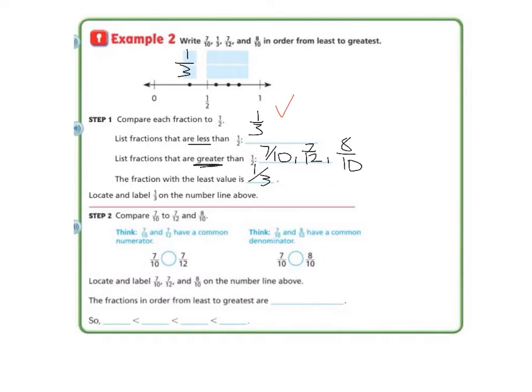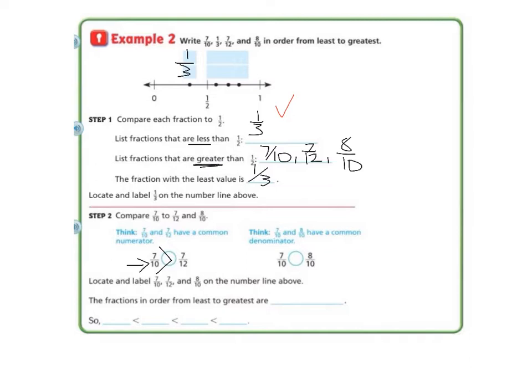So the first thing that we want to do is we want to look at the 2 7s, because we can look at numerators and decide which one's bigger. So if I have 7 pieces of 10, or if I have 7 pieces of 12, my pieces of 10 are going to be larger. So 7/10 is larger than 7/12, because even though I have the same number of pieces, my pieces in my tenths are bigger pieces.